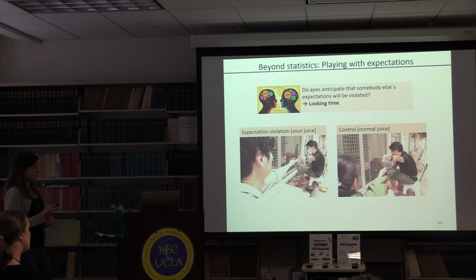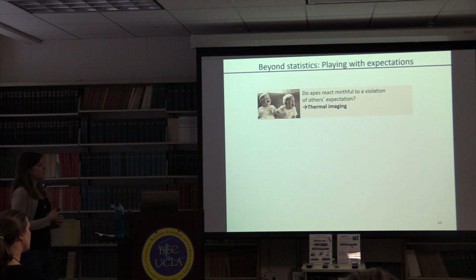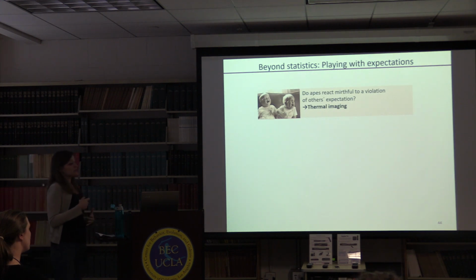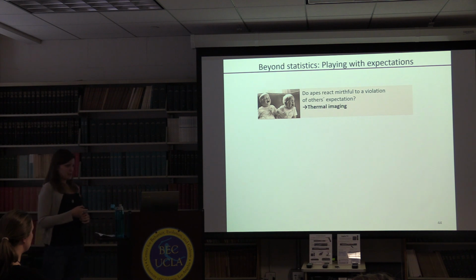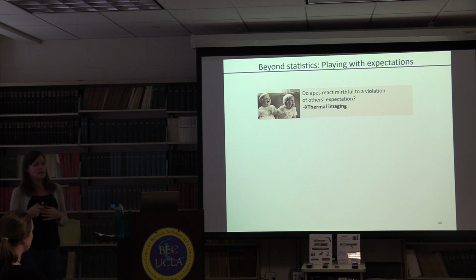So this was the first question I wanted to answer, and the second was that I wanted to see whether apes reacted emotionally, perhaps even mirthfully, to seeing such an expectation violation. To do so I used thermal imaging. Thermal imaging makes use of the fact that the skin temperature changes in response to experiencing emotions.